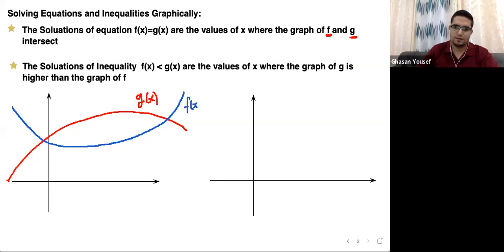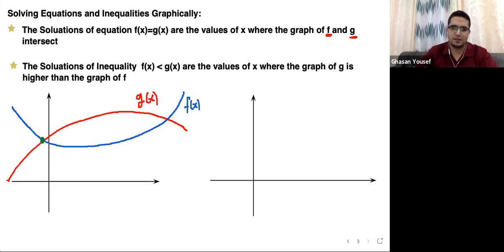Now, to find the solution of the equation f of x equals g of x, my question is: find the solution when this function is equal to this function.